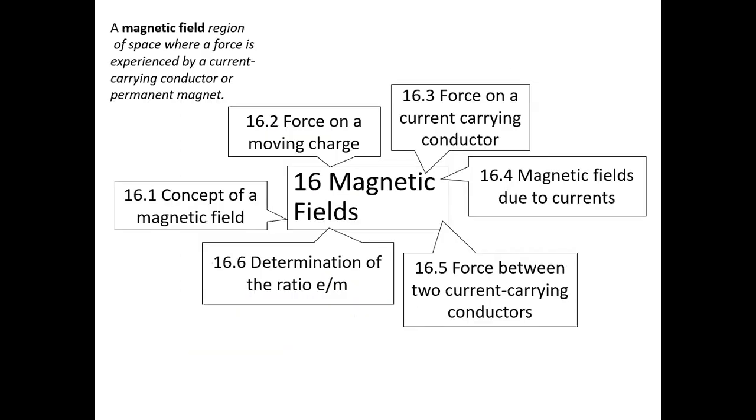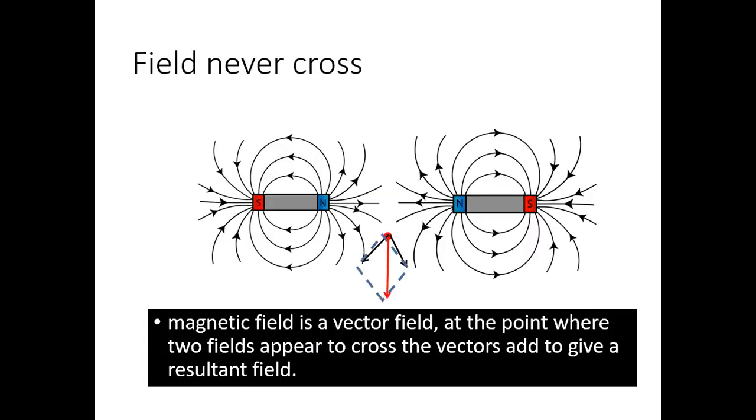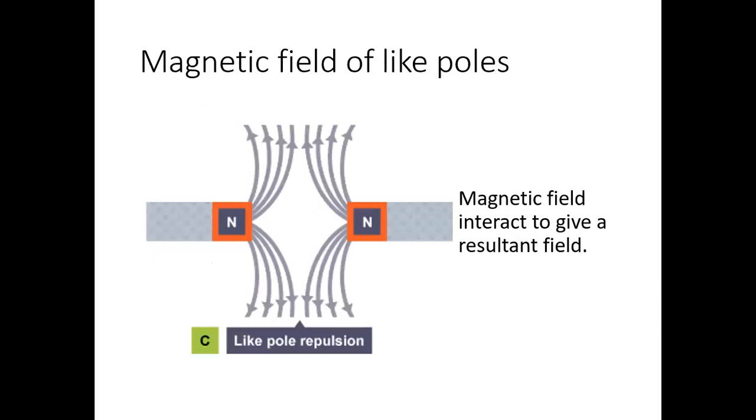Okay, we completed magnetic field, giving us an idea. The reason is that the magnetic fields interact to give a resultant field. That's the vector field. So the two vectors interact to give a resultant field, and they never cross like this one. That's a resultant field. They repel each other, north to north.